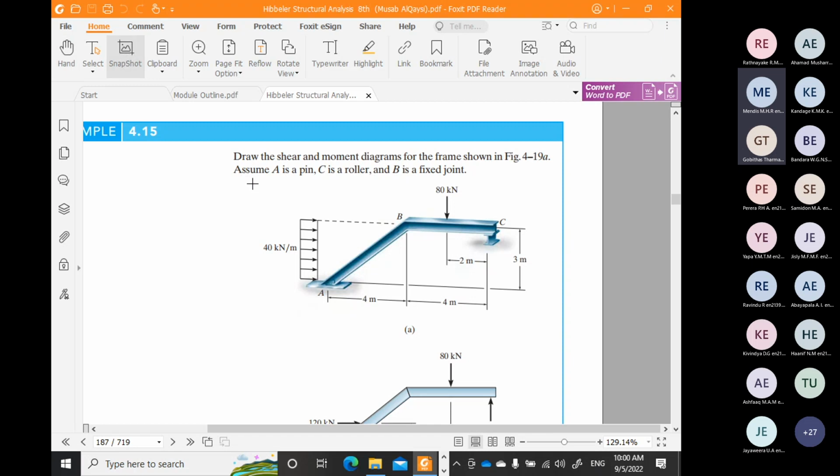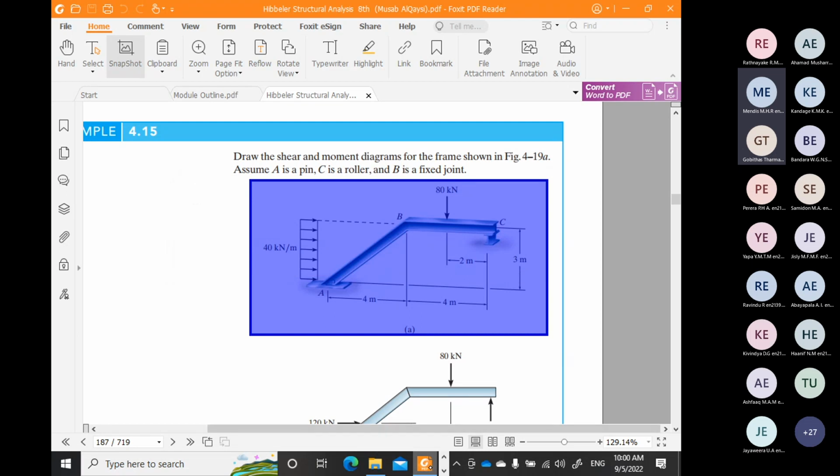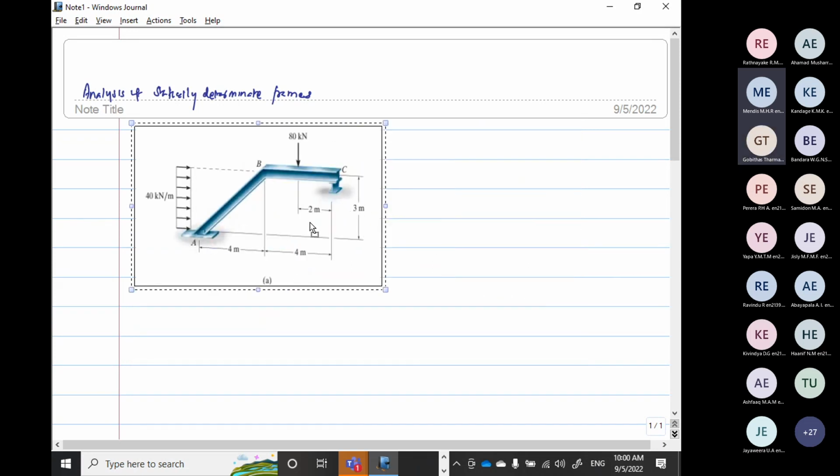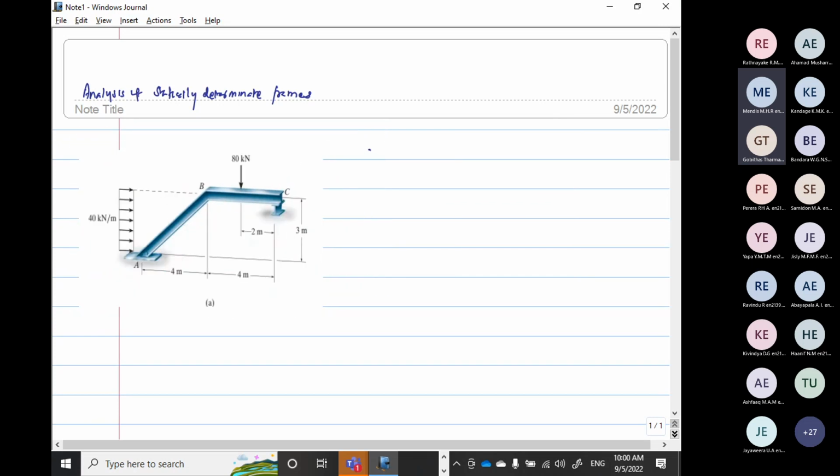The simple analysis process is, first, determine the support reactions. Then, second, break the structure into components, into elements.